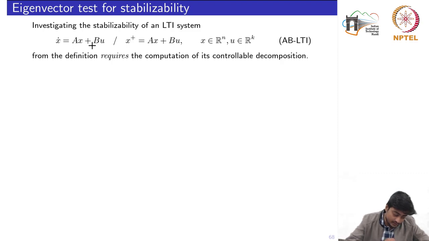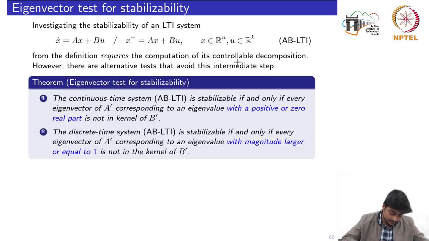So let's say we want to investigate the stabilizability of the LTI systems, either continuous or discrete, from the definition which does not require the computation of the decomposition matrices. Okay, so the first one is the eigenvector test.